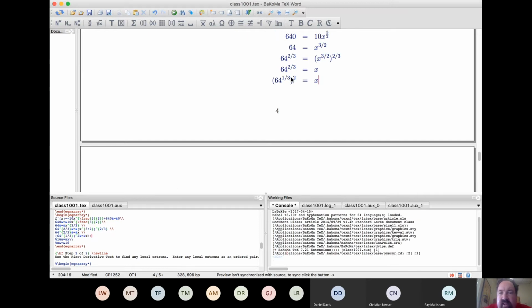So if you were to work this out, then you could just square that. Now, this doesn't really mean anything unless you're dealing with a number that happens to be a perfect cube. Can anyone tell me what is the cube root of 64?